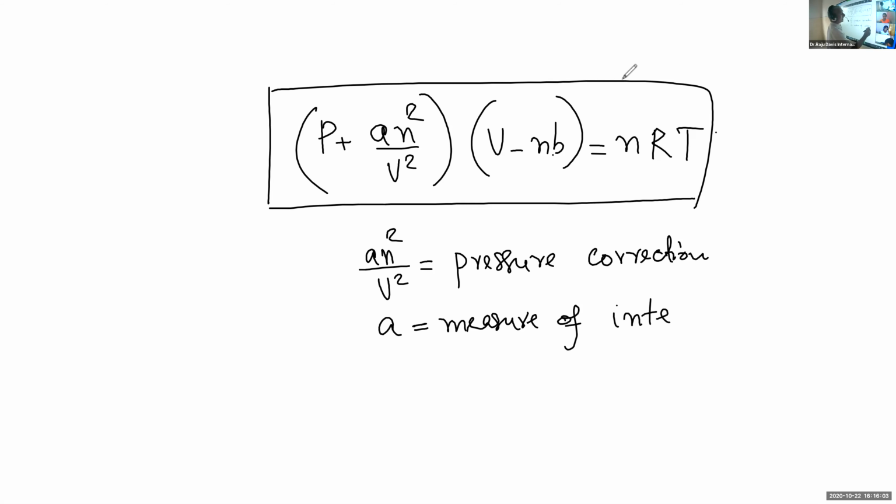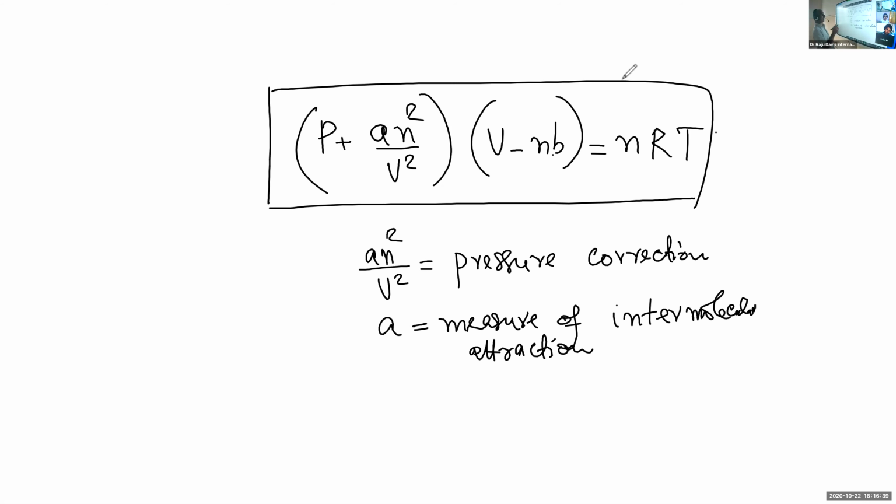It is also known as the van der Waals constant, and it is a measure of the intermolecular force of attraction between the molecules. So a n square by V square is the pressure correction done by van der Waals.